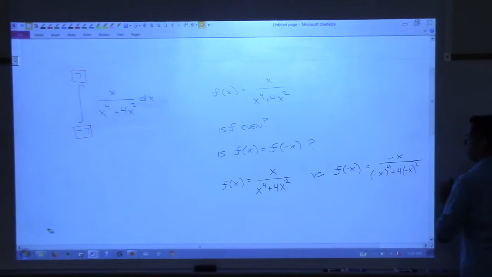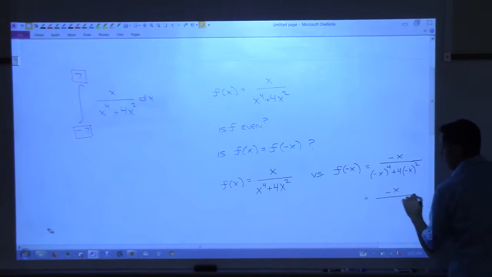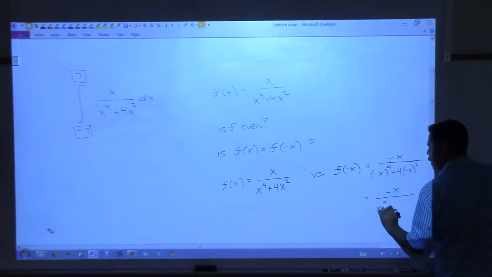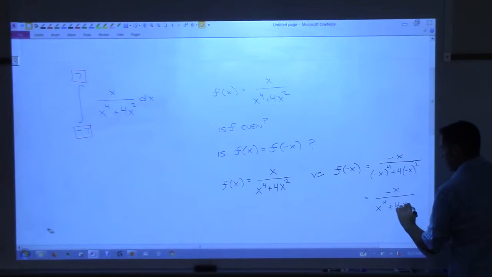Now something nice happens here. If you take a negative number and raise it to the 4th power, the negative is irrelevant. So I could just rewrite this as negative x over still x to the 4th. And because the other term is squared, the negative doesn't matter, so this is still plus 4x squared.